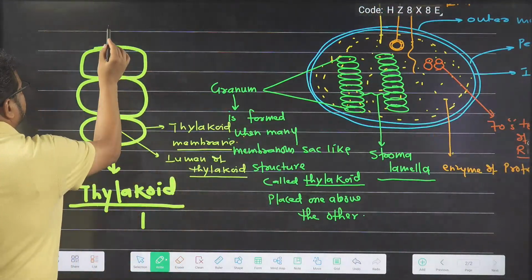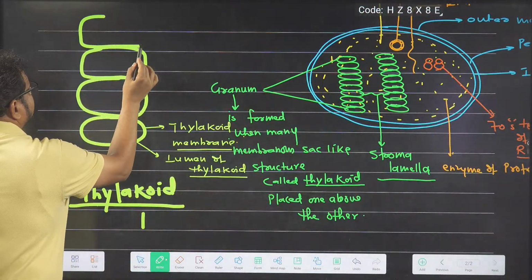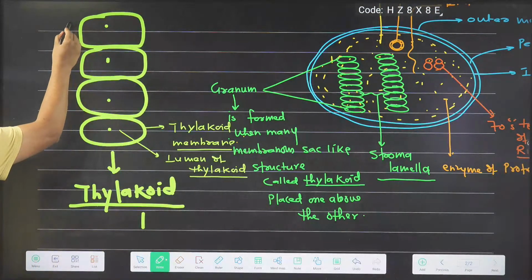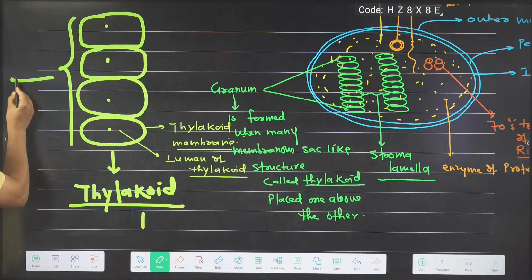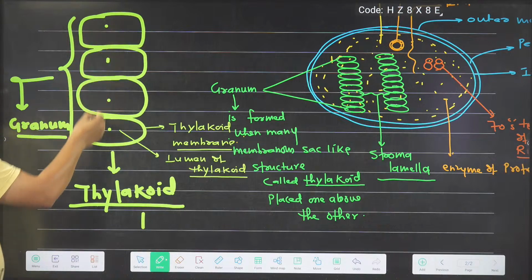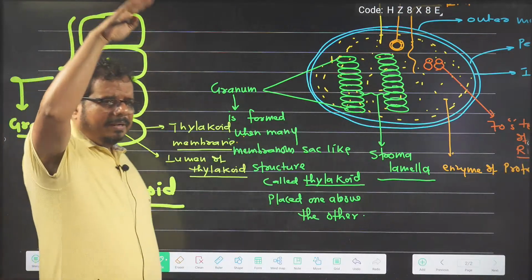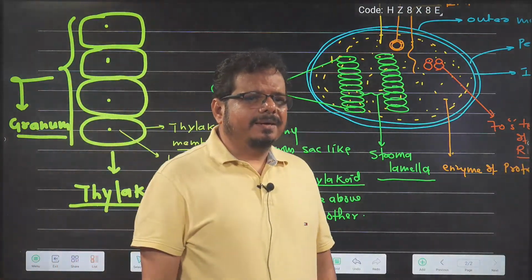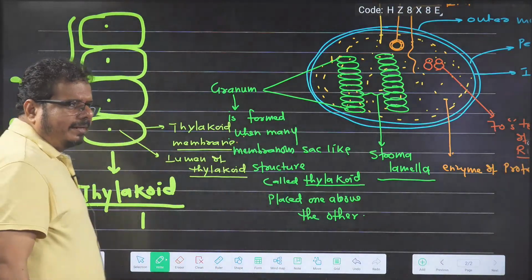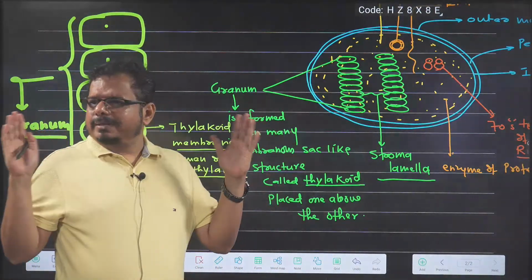Another thylakoid is also attaching. It is like pile-ups one above the other. So this structure which is forming is called granum. One pile-up structure, one building we are making here with many thylakoids, is called what? Granum. Everybody understand what is granum?